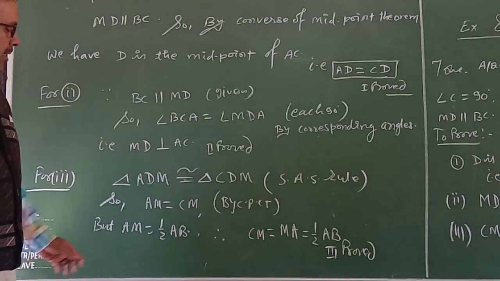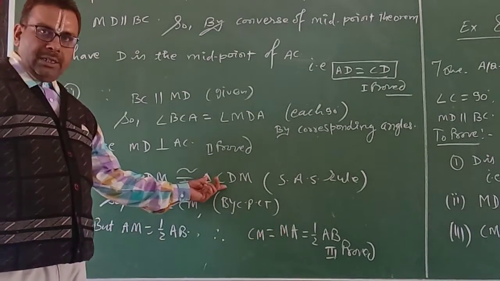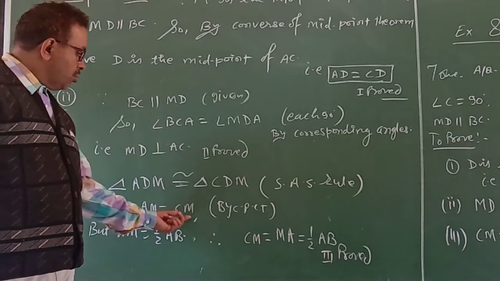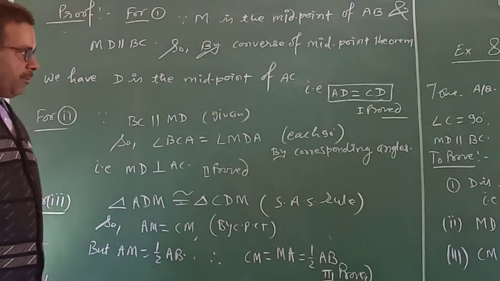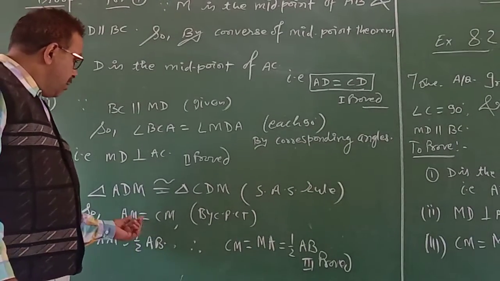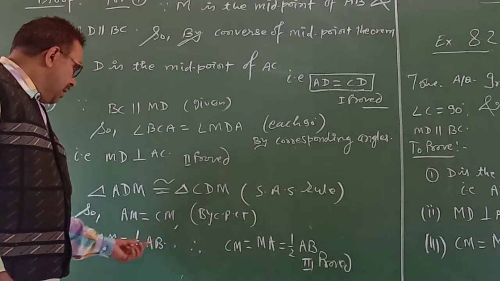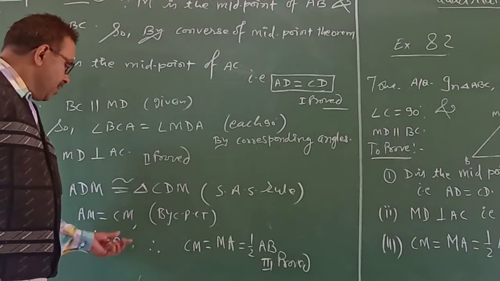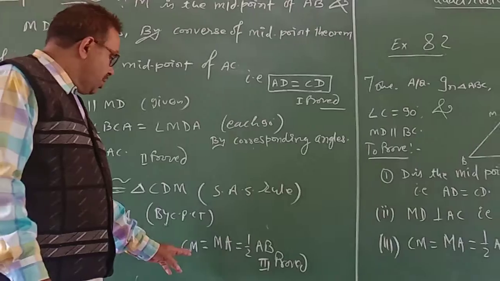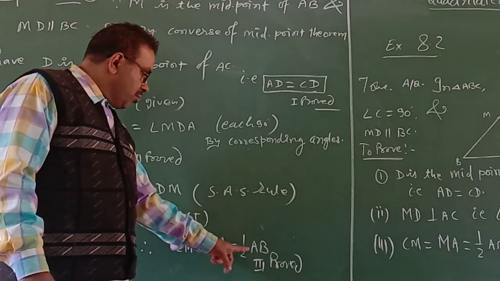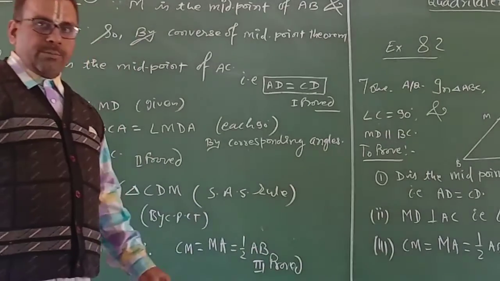Then by CPCT, इसको हमने शॉर्टकट में लिख दिया है, and by CPCT we have AM is equal to CM, but M is the midpoint of AB, so AM is equal to half of AB, and hence if AM is half of AB, then AM is equal to CM is equal to also half of AB, and it can be written as CM is equal to MA is equal to half of AB. It is third. Thanks.